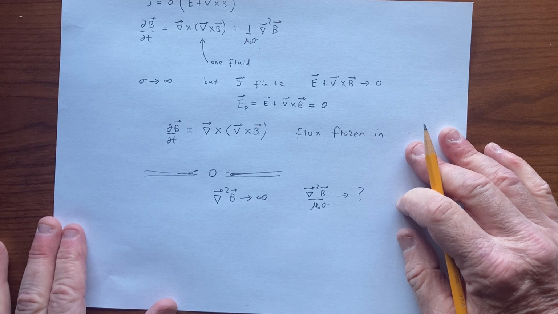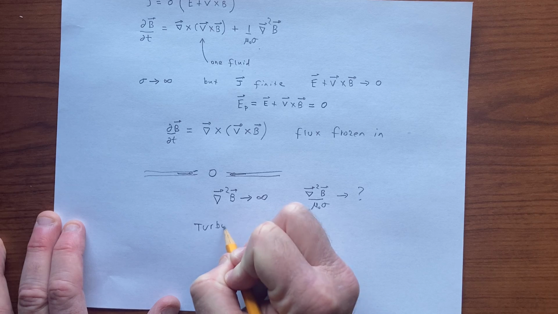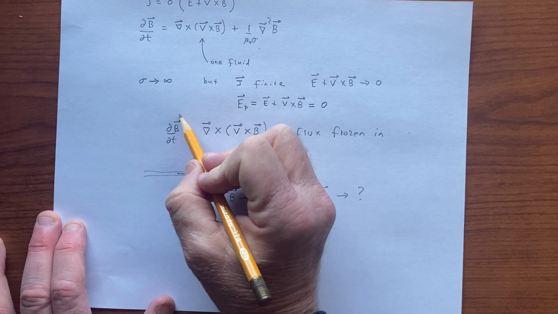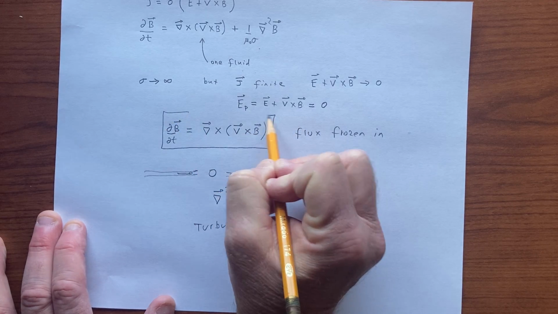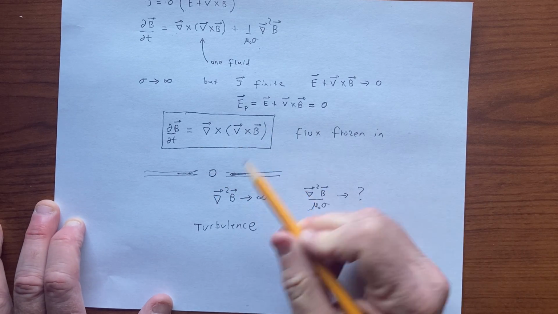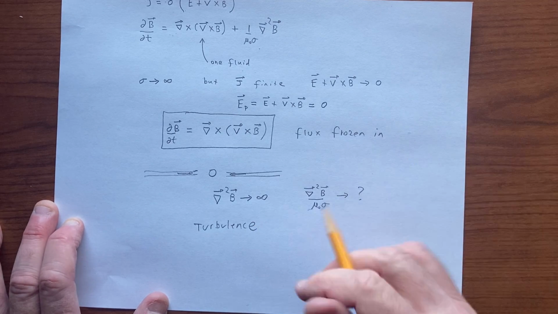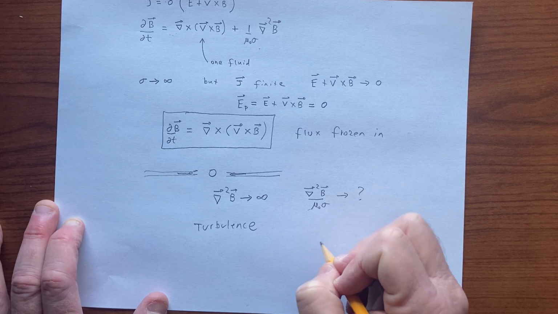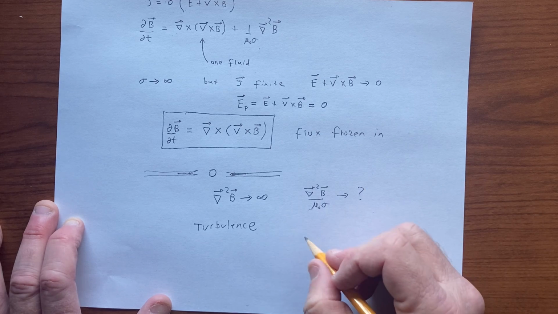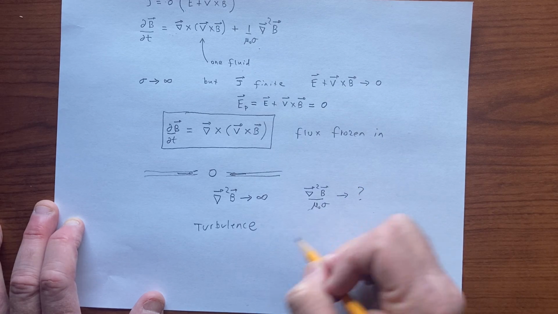So you're limited in what you can do with this kind of a thing. But there is a sense in which we don't need to worry about this because there's something called turbulence that somehow comes to the rescue. And the idea is you just put this mathematics into a computer, and then the field starts to get tangled up, and it gets tangled up in a way that sort of forces the computer to break down.